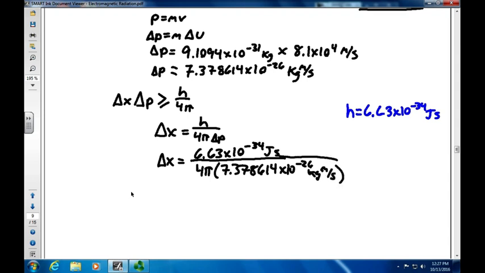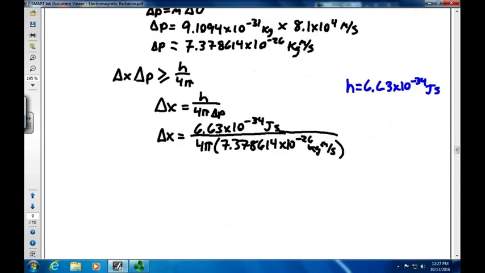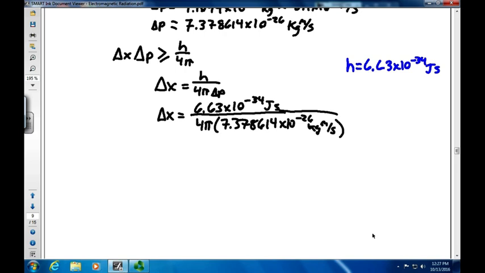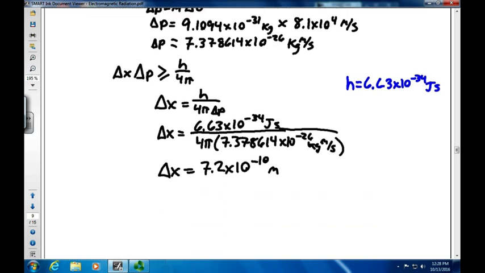I carry over as many decimals as I feel is necessary, but we're going to end up truncating this at 2 significant figures because that's how much we're given for the speed up here. So when you do the arithmetic out, you'll find that delta x is 7.2 times 10 to the minus 10 meters, which gives us the uncertainty of the electron's position.